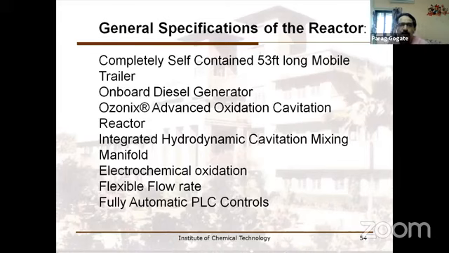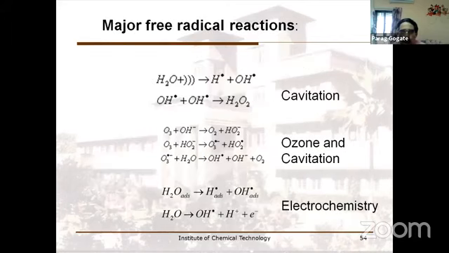Now, similar concept, the company also applied for some of the lake treatment options, because again, lake treatment, it would be seasonal, depending on where your algae bloom is there, or similar problems. So there also it can be thought about. So it has everything on board, like a diesel generator, you have cavitation reactor, flow loop, the electrochemistry units, and of course controls.